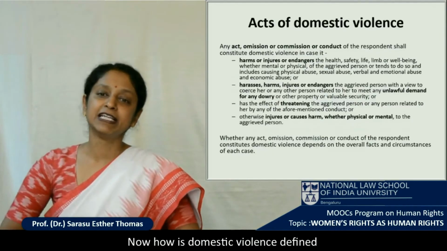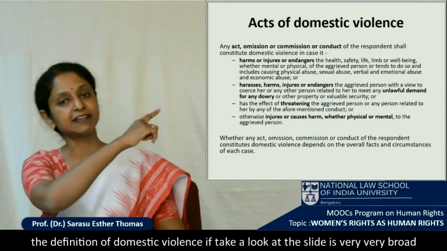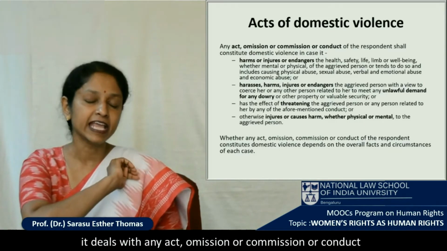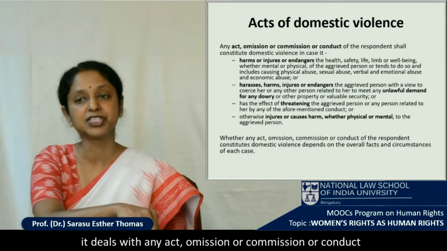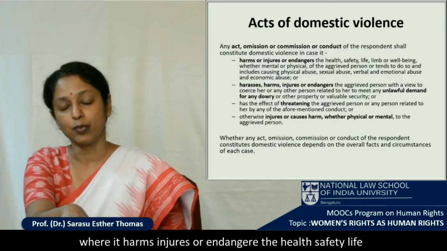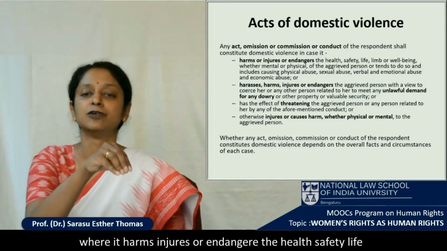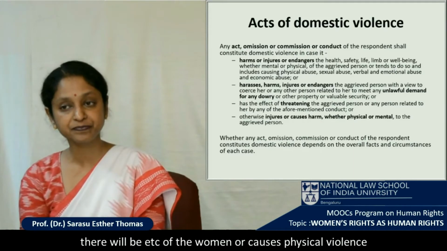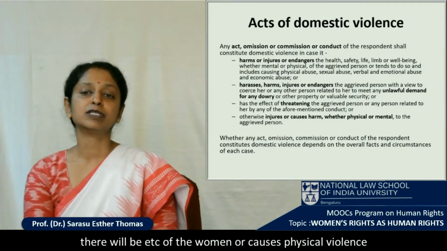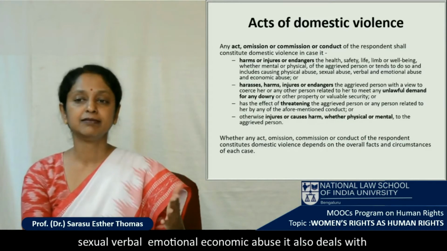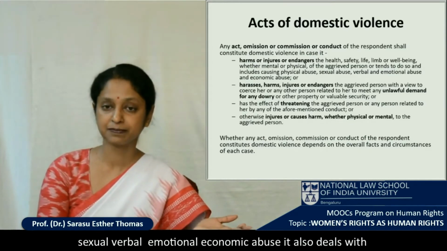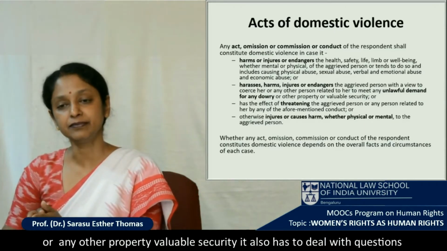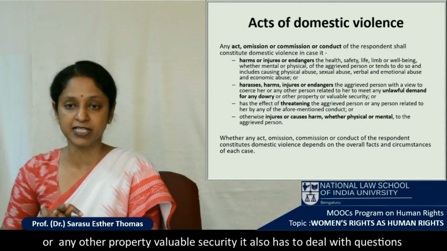Now, how is domestic violence defined? The definition of domestic violence, if you take a look at the slide, is very, very broad. It deals with any act, omission, commission, or conduct where it harms or injures or endangers the health, safety, life, limb, well-being, etc. of the woman, or causes physical, sexual, verbal, emotional, or economic abuse. It also deals with, of course, specifically dowry demands or demands for any other property or valuable security.